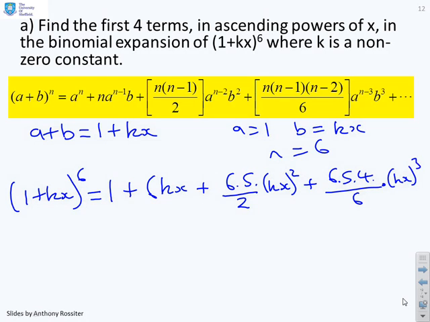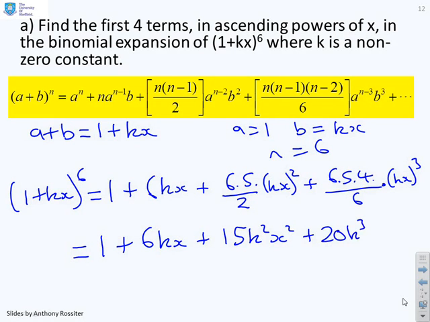And now if I expand this all out and simplify it, I get 1 + 6kx + 15k^2 x^2 + 20k^3 x^3. And again, I hope by now you're saying this part is relatively straightforward.